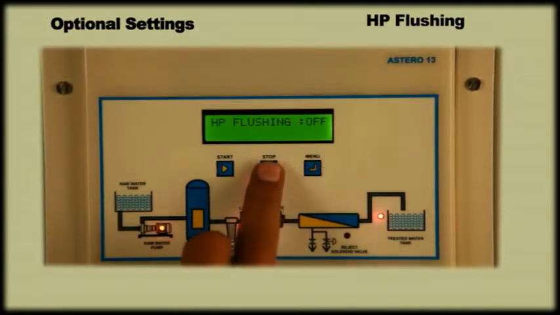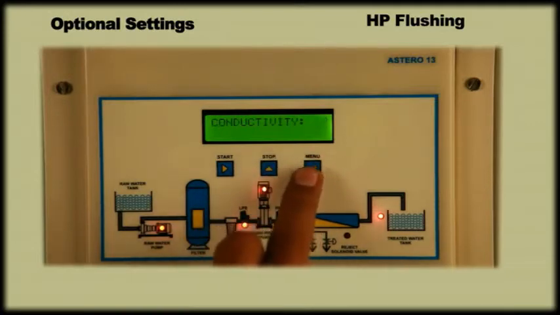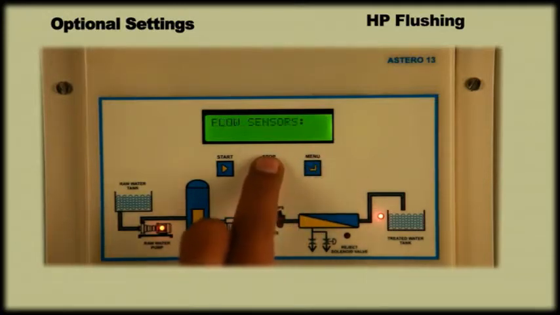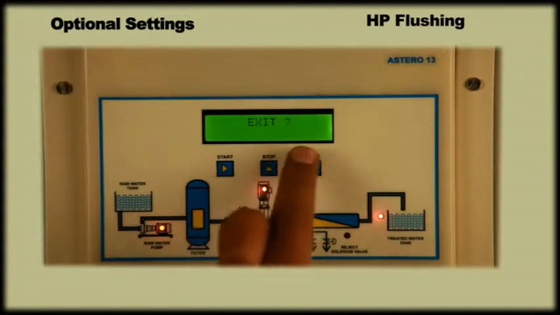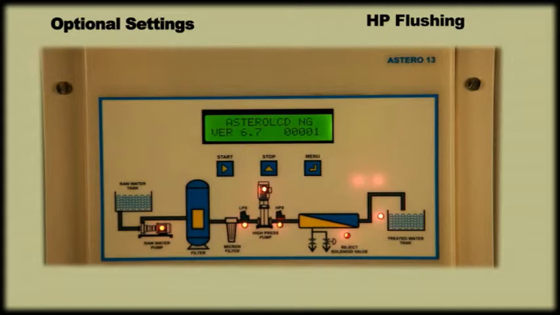To turn it on, use the Stop key and press the Menu key to save. Again, keep pressing the Stop key till it shows exit, and press Menu. In this case, HPP will be on for half the set flushing time.